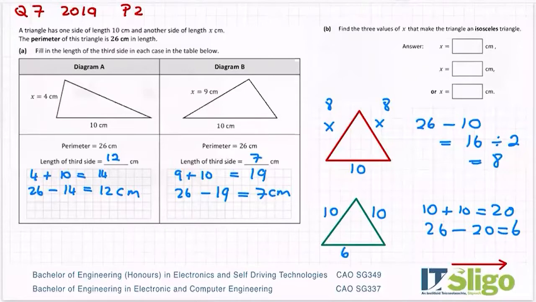Okay, so both of them are isosceles triangles, one with side length 10, all with perimeter 26. Now this is where I get a bit confused because I'm not quite sure what they want me to put into the box up here. I think they want 8 and 8 here because both of them are side x, and then 6 down in the last one.